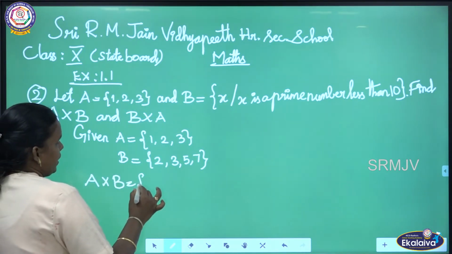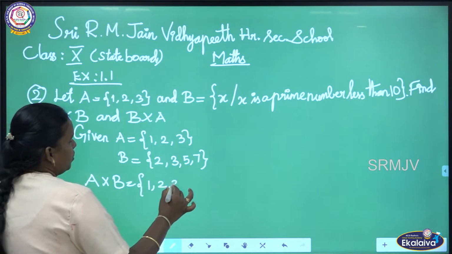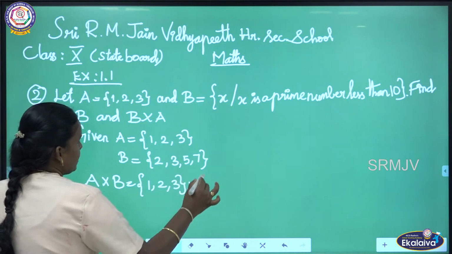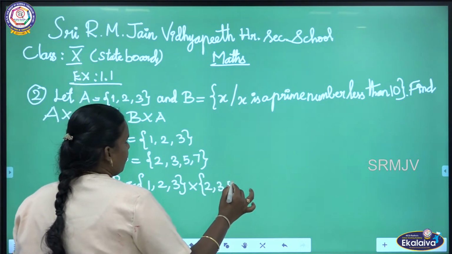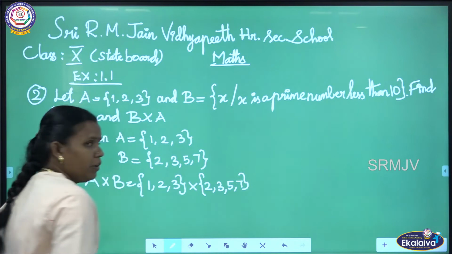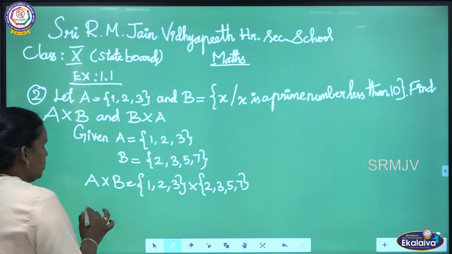A cross B: first you write the A set {1, 2, 3} cross the B set {2, 3, 5, 7}. We need to write the cross product for the given two sets.